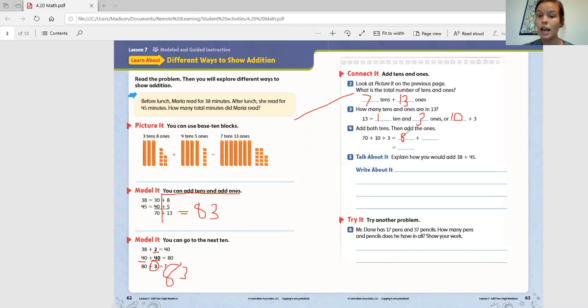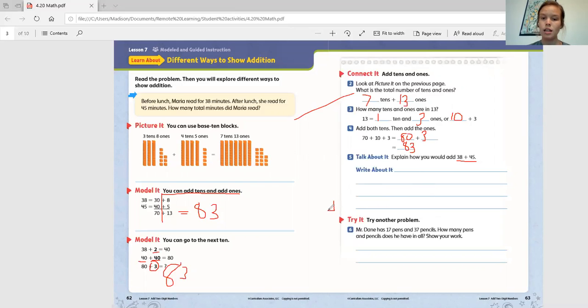So that was 80 plus 3, which then gives you 83. And now right here, you can pause the video and explain to somebody, maybe your brother, your sister, your cousin, your grandma, your mom, or your dad who's home, and explain to them, go tell them how you added it.